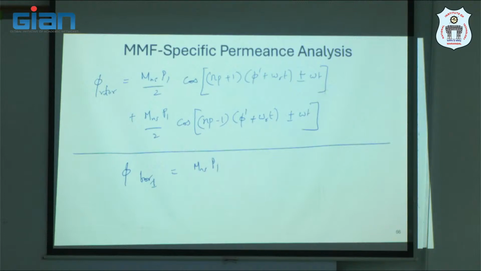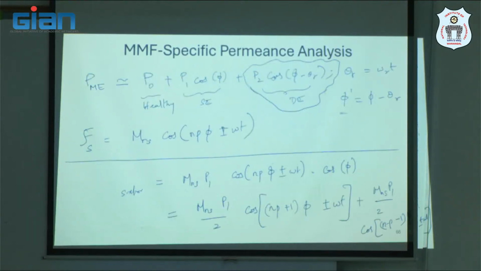So I can say that minus P1 by 2 cos NP plus 1 phi dash plus omega t plus or minus omega t, multiplied with P2 cos phi dash. This is the dynamic eccentric term, right?